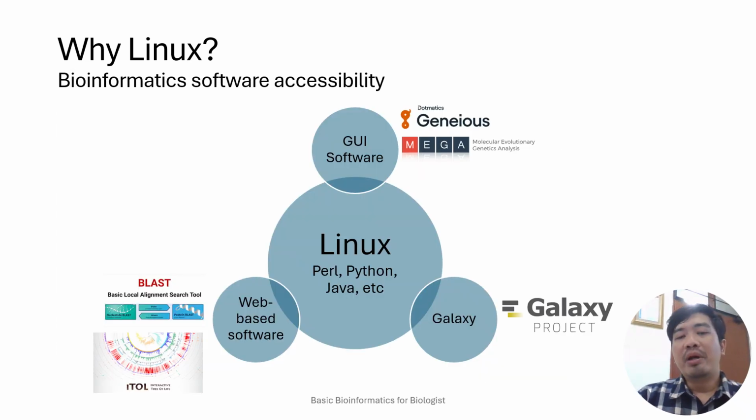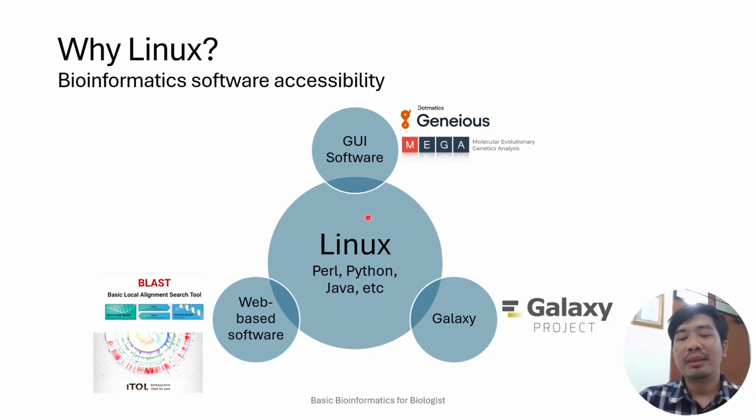In bioinformatics, this is how we access bioinformatics software. Basically, all bioinformatics software is written in some programming language and operates in Linux. So, for example, scientists from some university write a program using a programming language, and it operates in Linux.